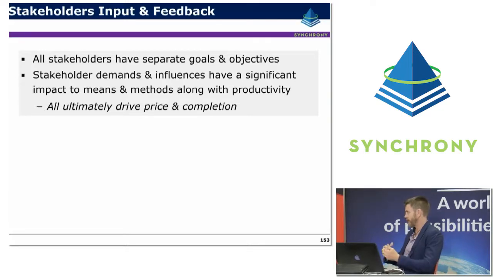So the stakeholder demands and influences can have a significant impact on the way that the project is executed, but can also have an impact on your ability to extract data from people during execution as well, which all ultimately can have an effect on the visibility of reports and the effectiveness or the productivity on the project.